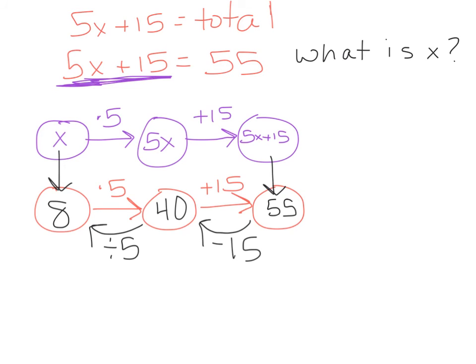So here you see that x equals 8. These are the same. 5x is equal to 40. These two flow charts, everything is equal. So we came up with x equals 8. And that means 8 blocks in each bag.